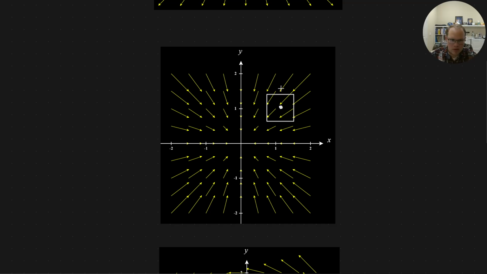Similar situation. We have flow going in, big vectors. So strong flow, fast flow going in. And then coming out, smaller vectors.